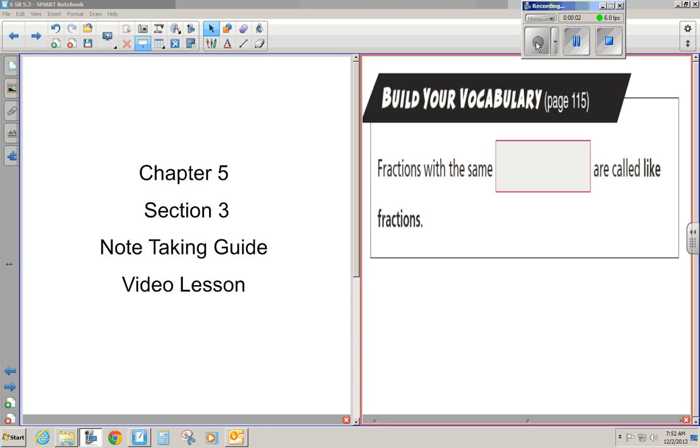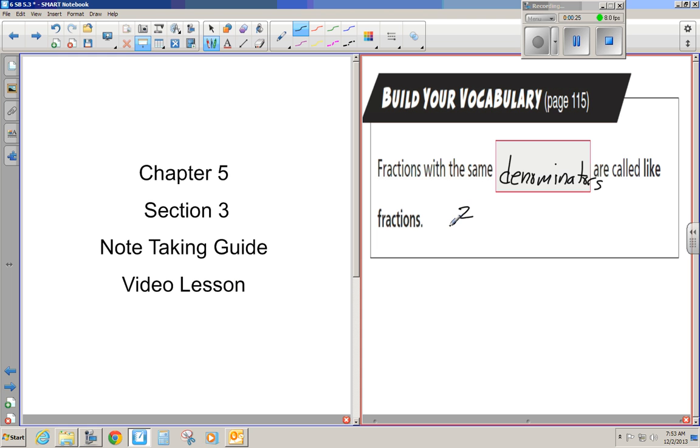All right, welcome back to Chapter 5, Section 3, entitled Adding and Subtracting Fractions with Like Denominators. So, the first vocabulary: fractions with the same denominators are called like fractions.